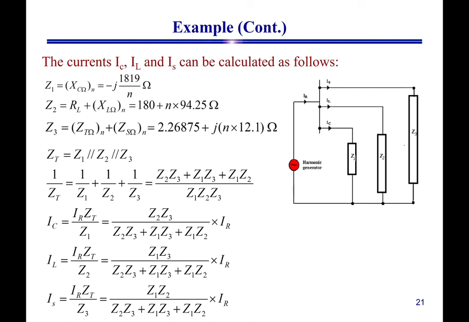Now if we would like to find the voltage at this node, those are connected in parallel. We multiply that by the source at the fifth harmonic, and that gives us the voltage at this node for the fifth harmonic. To find the current, it is voltage divided by Z1, the current over there, voltage divided by Z2, and so on.